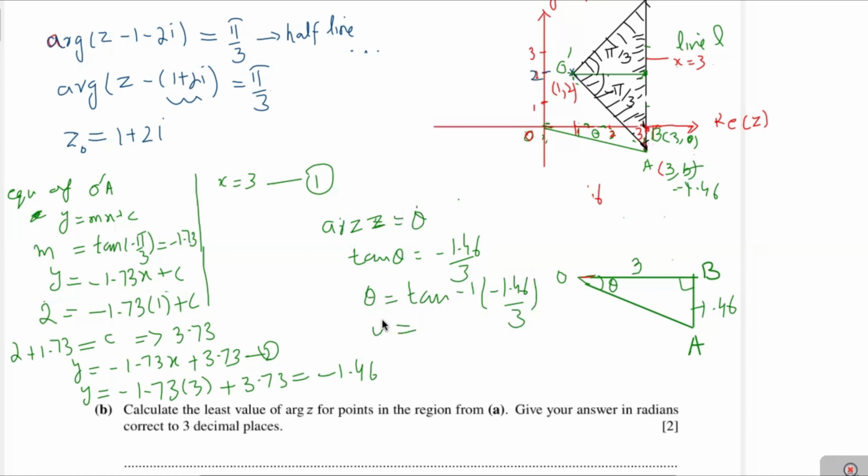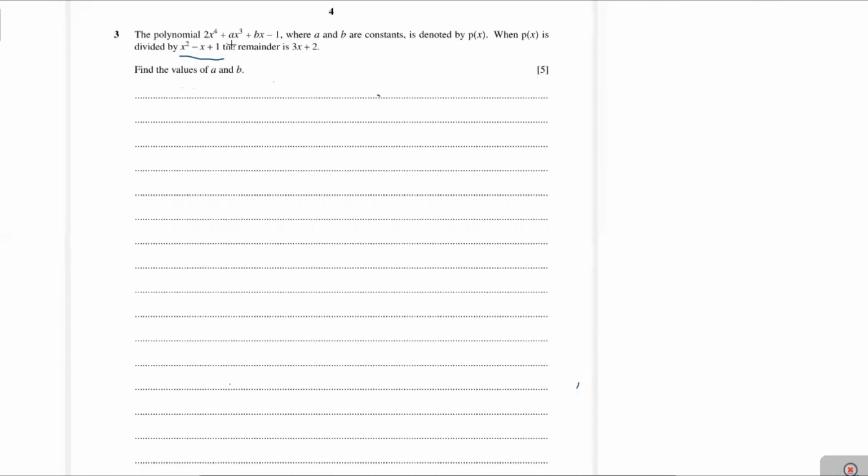And that is the answer: theta is minus 0.45, and this is the least value of argument z, minus 0.45.